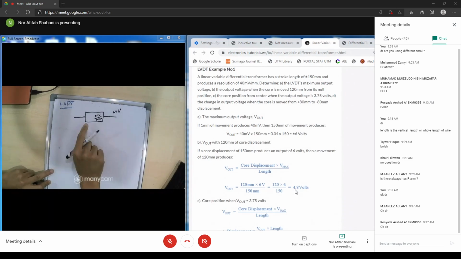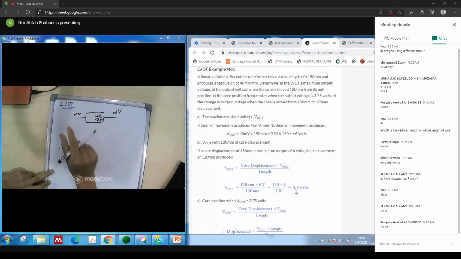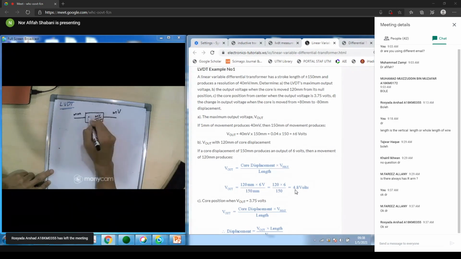We are going to use it to measure displacement, a linear variable displacement transducer. And then the input will be some millimeter, some small displacement, and then you will get some output. So this is the transfer function, or sometimes we call it sensitivity, or resolution.